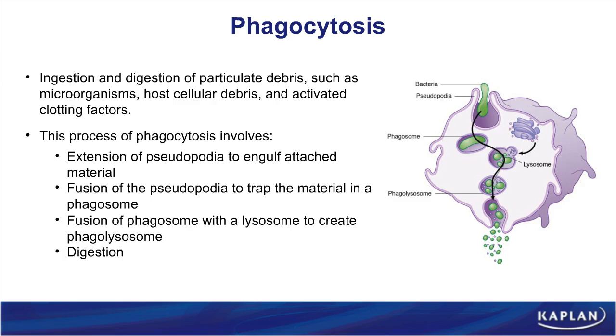Once the pathogen or the debris is dead, it will be digested, and eventually exocytosis will occur of the digested contents. What we're going to do is talk in a little more detail about the process of phagocytosis. We'll talk about opsonization, and then we're going to hone in on this process, dealing with both oxygen-dependent and oxygen-independent killing.